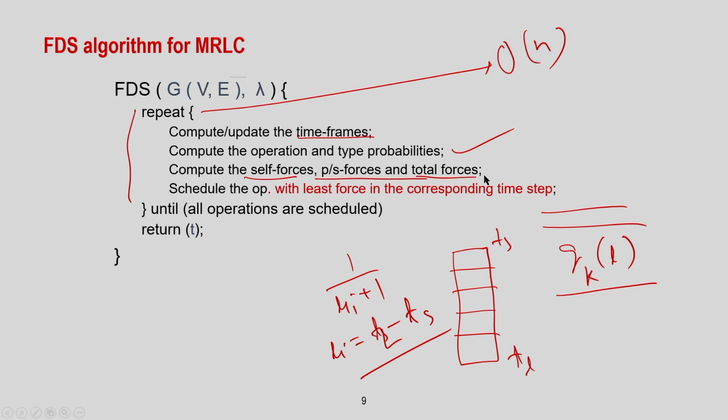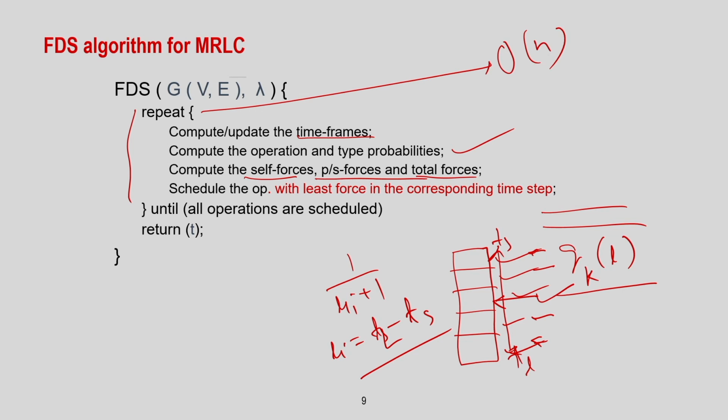You remember that the self force is this: this operation could have been scheduled anywhere, but if I try to schedule it here, it will impact the concurrency here, here, here and here; it will impact positively here and negatively here. So, that I will calculate. Then the predecessor and successor force: if I schedule it here, it will impact the overall scheduling of the predecessor nodes and the successor nodes. I will calculate them, and the total force is nothing but this plus this.